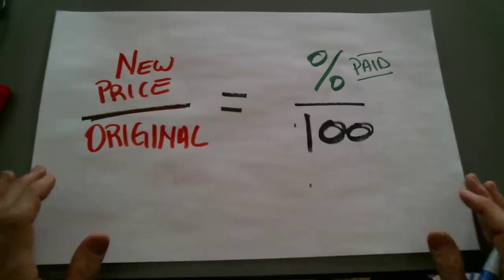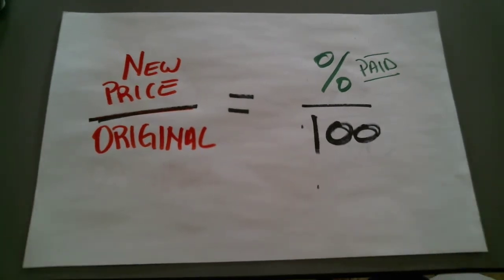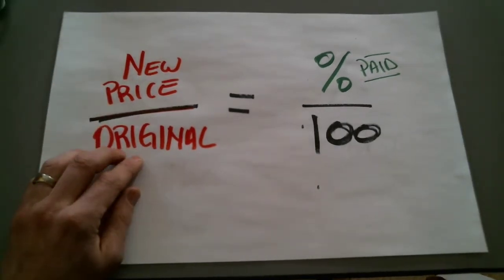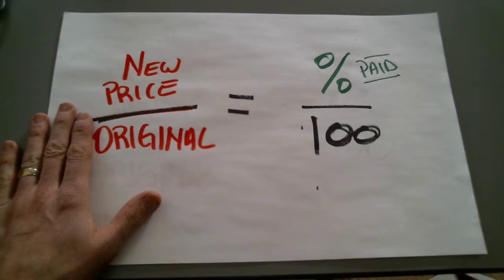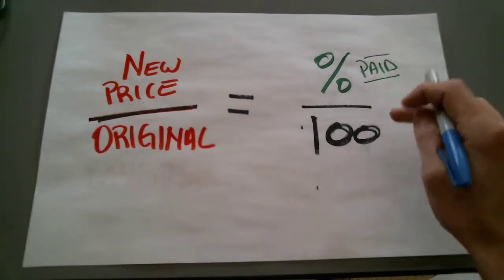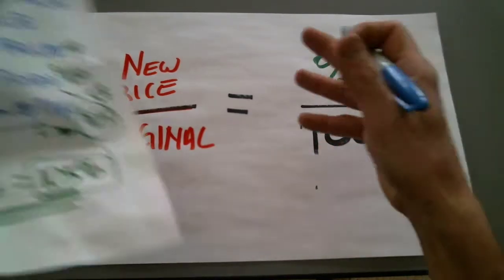So the big thing is that the main one that I'm going to show you how to use is dealing with the price paid. So the new price over the original price. That's one of our ratios. The other one is the percent that you are paying over 100. This is the percent.